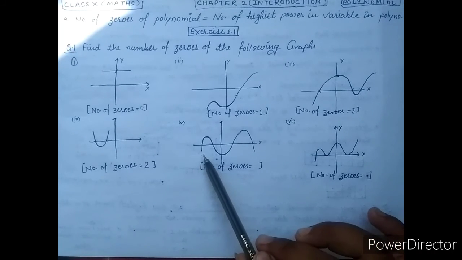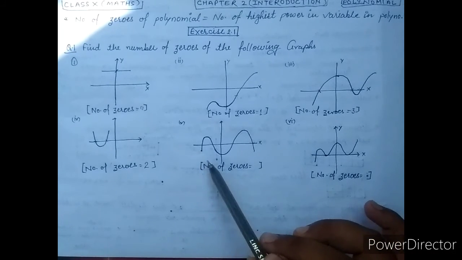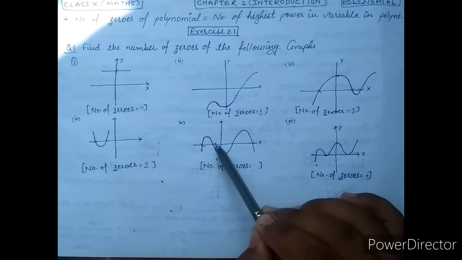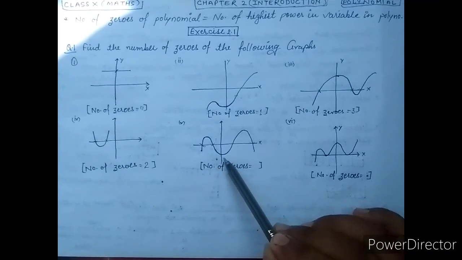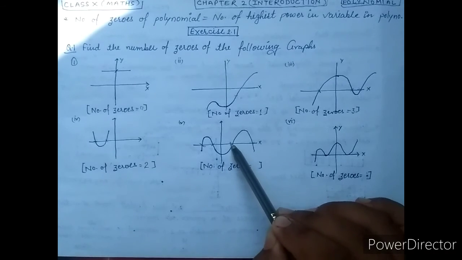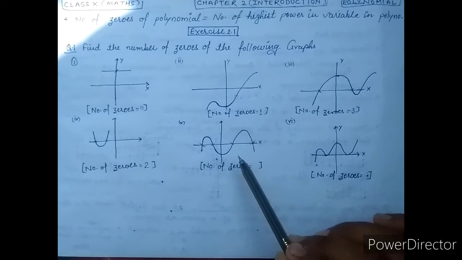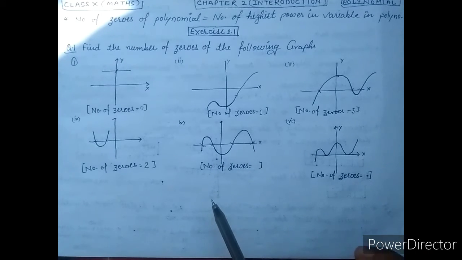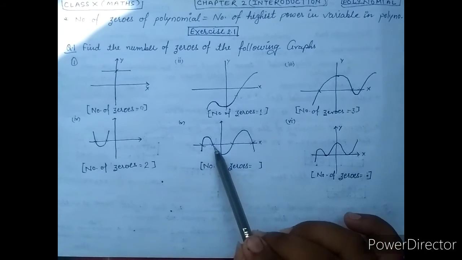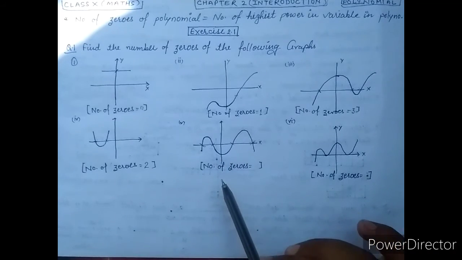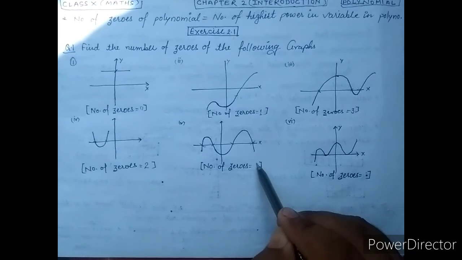And this graph starts from here, intersects the x-axis at this point and again at this point, intersecting the y-axis and again the x-axis. So it is intersecting the x-axis at 1, 2, 3, 4 places. That's why the number of zeros will be 4.